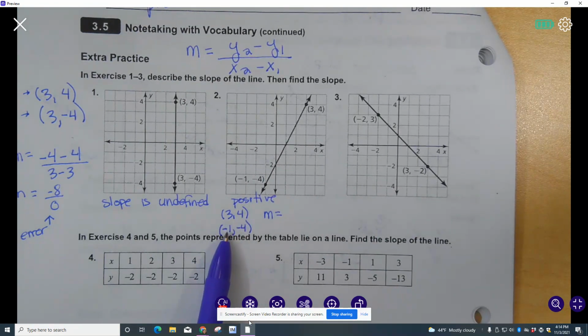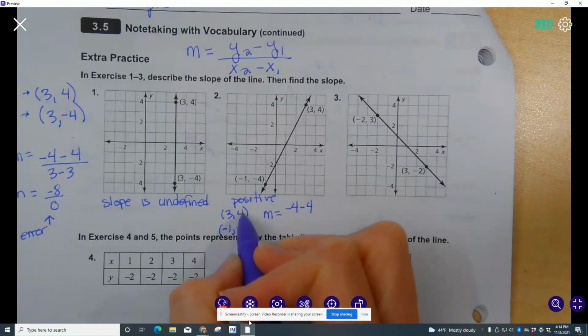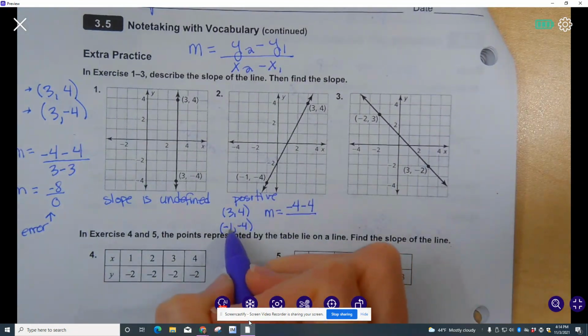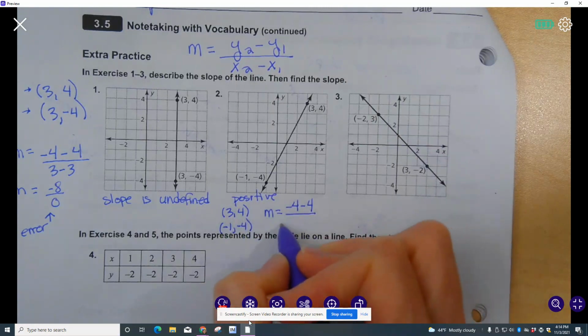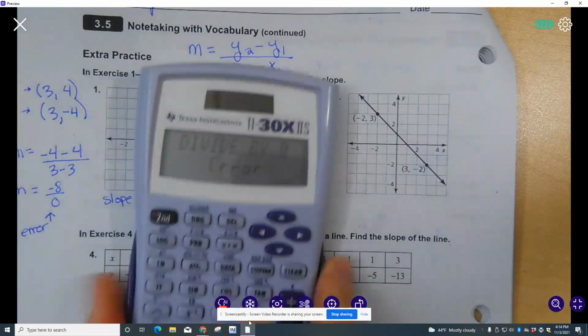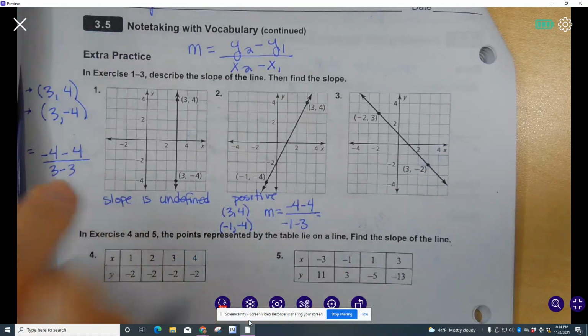Subtract your y's over, subtract your x's. So -4 minus 4, y2 minus y1, all over, big fraction, x2 minus x1, -1 minus 3. Okay, if you need to, put the top and bottom in your calculator. -4 minus 4, -8.